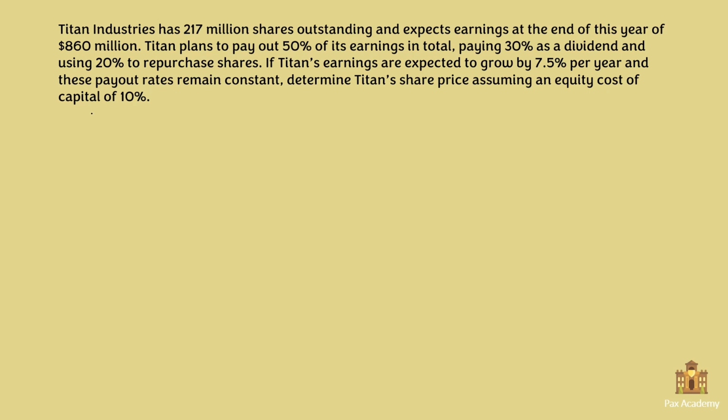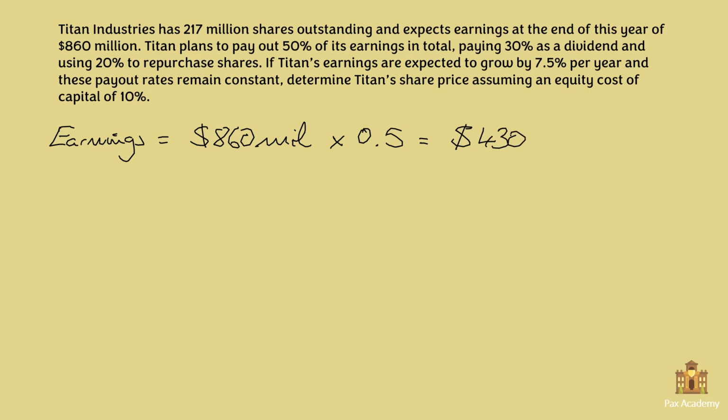The earnings are 860 million, and half of this, so 50%, is going to be paid out. So we multiply by 0.5 to get 50%, and this is 430 million. Now we need to find the present value of this.